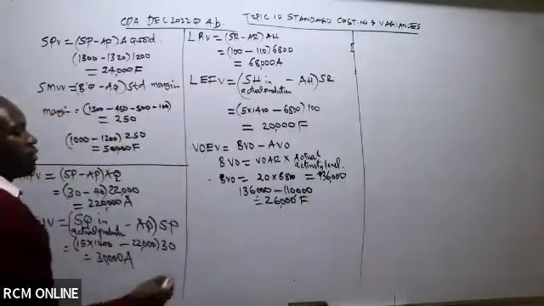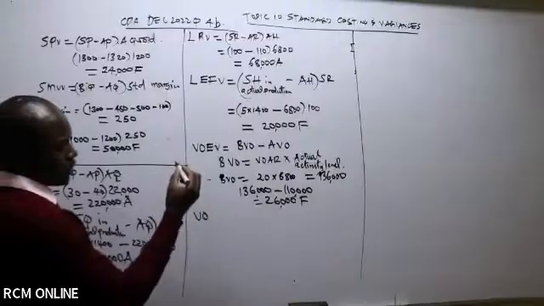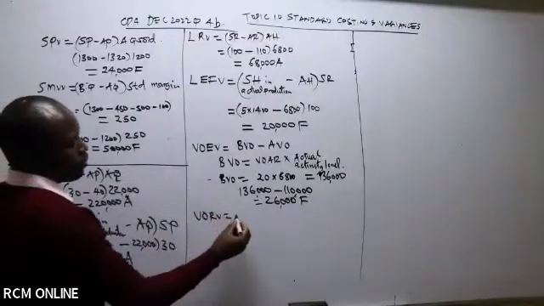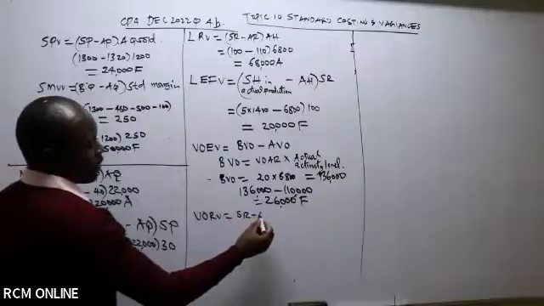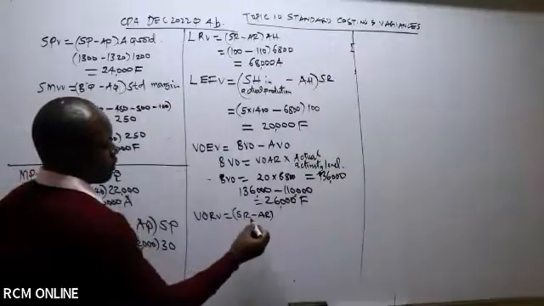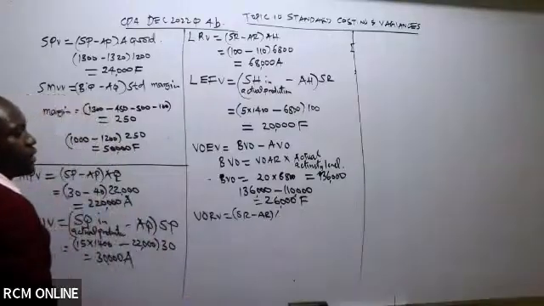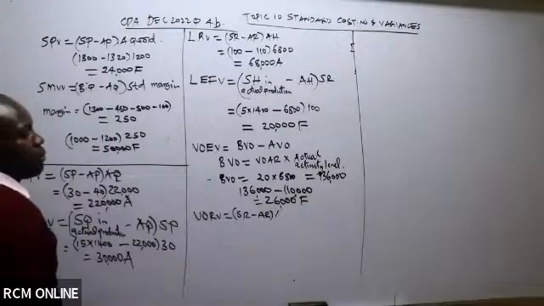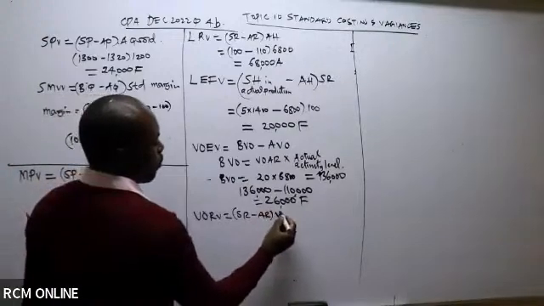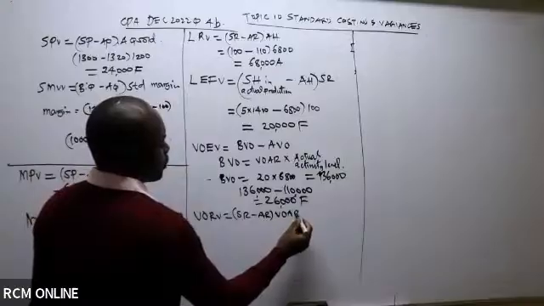Alternatively, they have said variable overhead rate variance is equal to standard rate minus actual rate multiplied by actual hours, right? Under this, we don't talk about the rate, we are talking about variable overhead absorption rate.